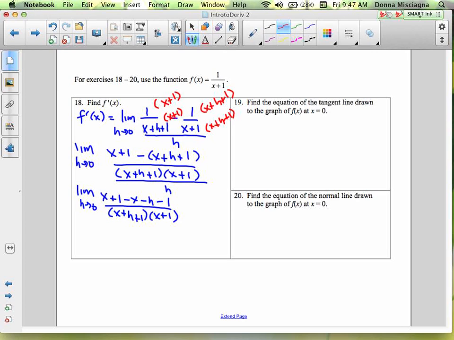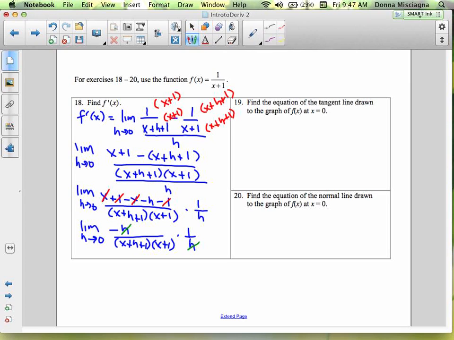So the x's will cancel, the 1's will cancel. So we just have a negative h left. Oops, I almost forgot. I'll just put it over like this, 1 times 1 over h, because in the next step I want to be able to cancel out the h. So we have negative h divided by x plus h plus 1 times x plus 1 times 1 over h. And so these h's will cancel.